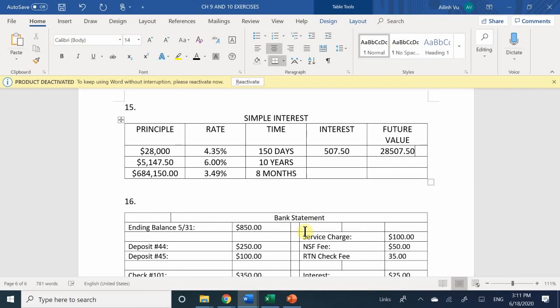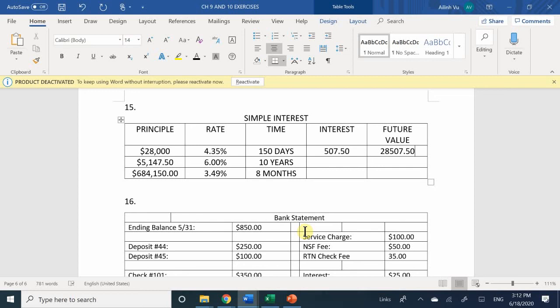So let's go ahead and do the second problem first. What is our principal? $147.50. Mm-hmm. And the rate is 6%. Mm-hmm.